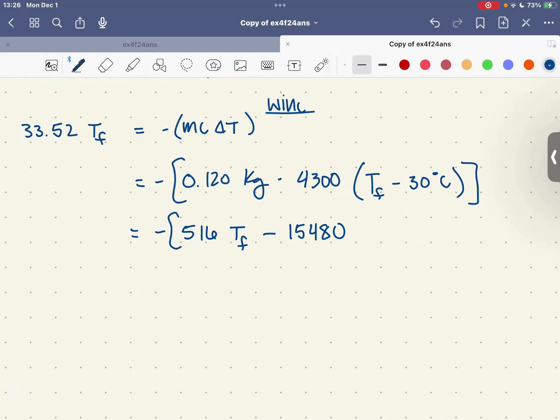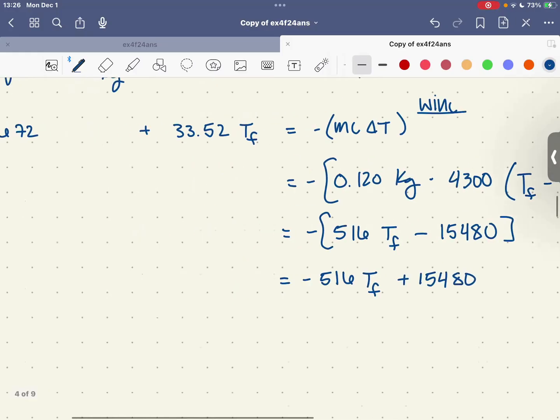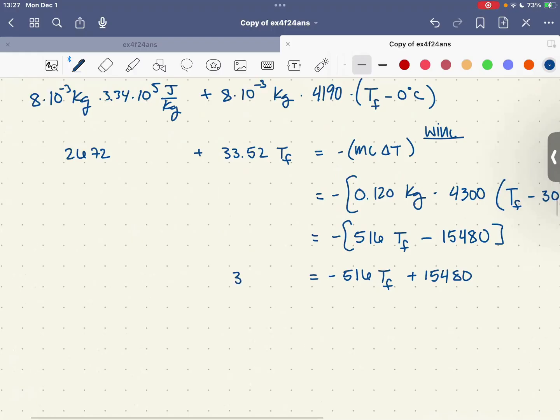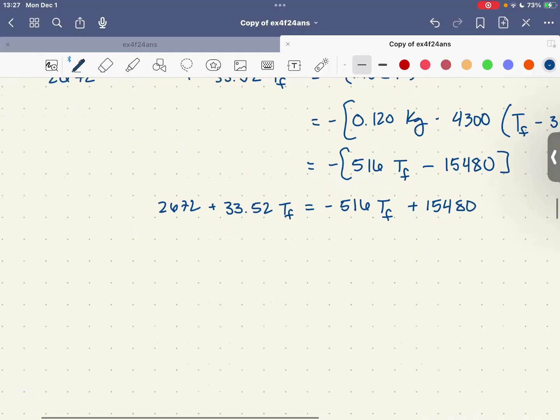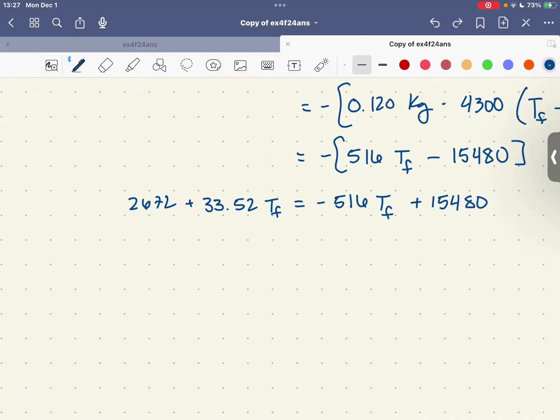Okay, and when we move the negative over, we have this negative 516 temperature final plus 15480. Okay, and on the other side of the equation, from here, all we do is just solve for TF. So 516 plus 33.52.